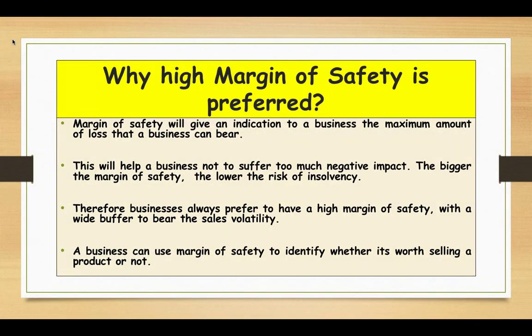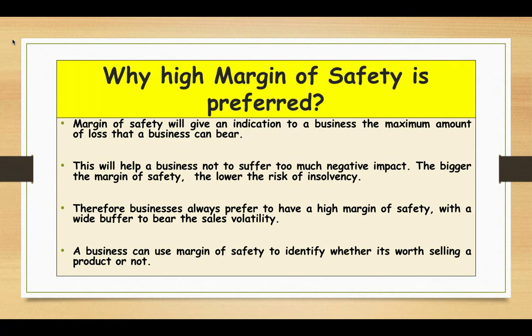We are going to see why high margin of safety is preferred by the businesses. As we have seen before, margin of safety will give an indication to a business the maximum amount of loss that a business can bear. So this will help a business not to suffer too much negative impact.